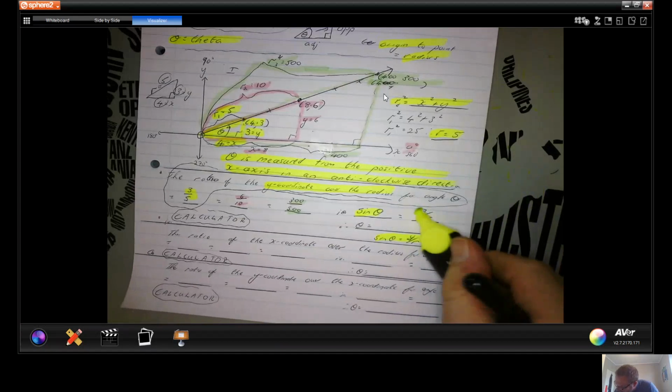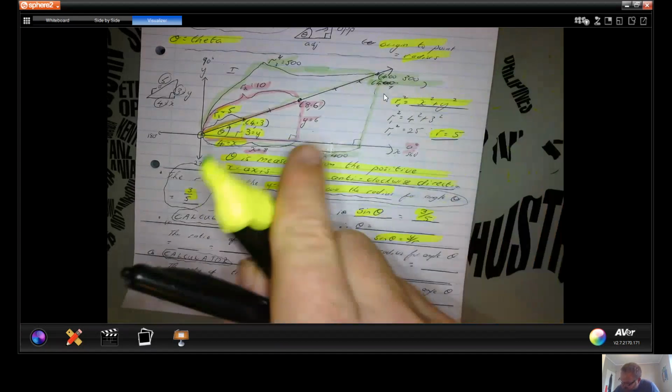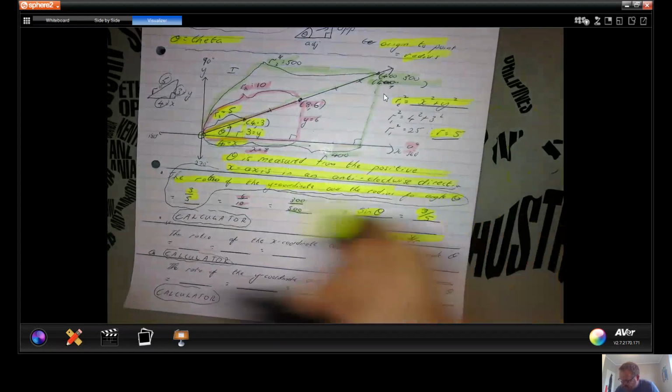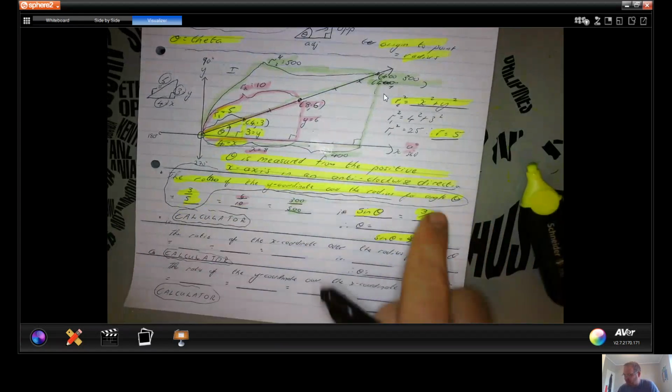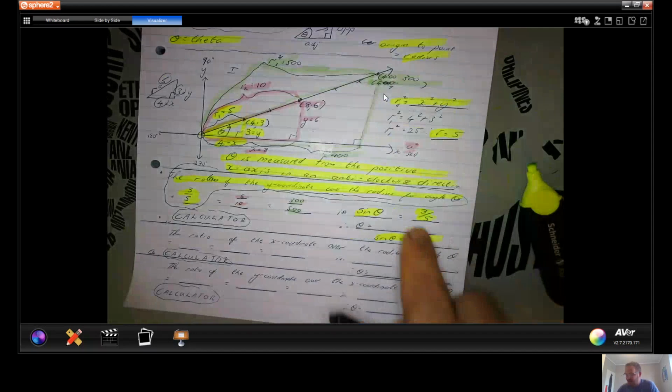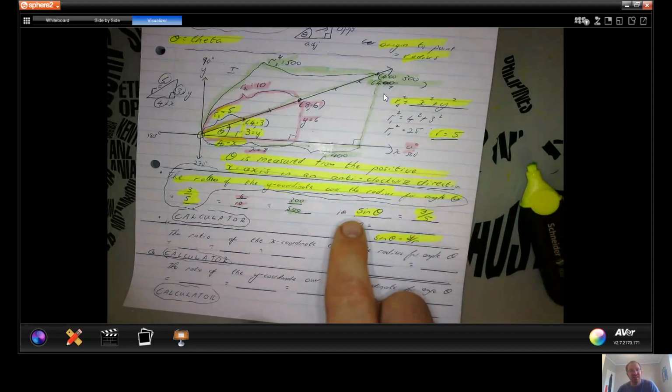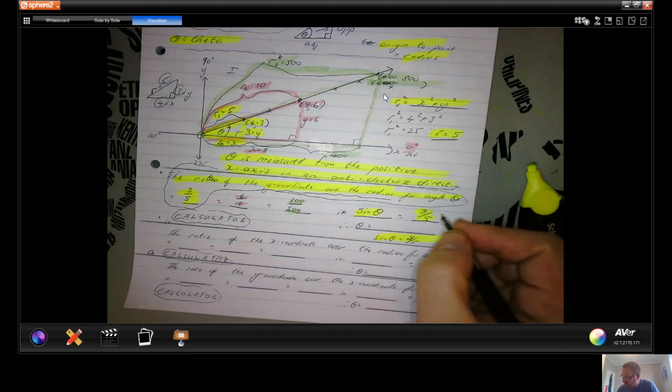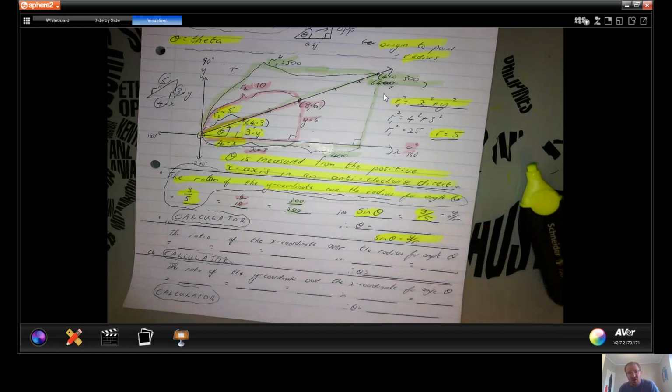That is exactly the same meaning as this whole sentence. So sine is the ratio of the y-coordinate over the radius.